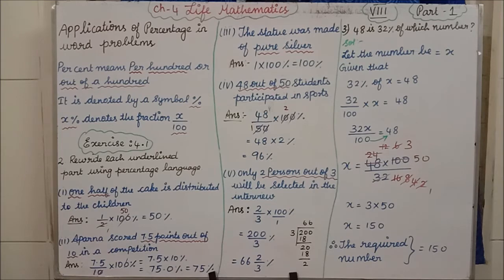When I cancel, I am getting the quotient 3 into 50. So, x equal to 3 into 50. When I am multiplying, I am getting x equal to 150. Therefore, the required number is 150. Which number they have asked? That number is 150. Here students, all of you, the second question and third question.